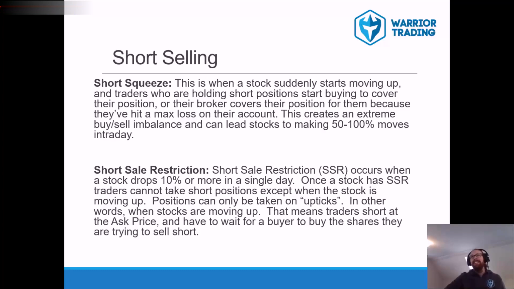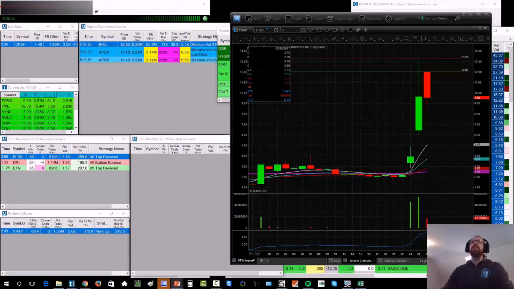All right. So when a stock suddenly spikes up 20, 30, 40, 50%, and you have a high level of short interest, people that are short are going to start covering, and that fuels the imbalance between buyers and sellers. So imagine a stock that has a 4 million share float, and they come out with news. Well, let's just take a real example.